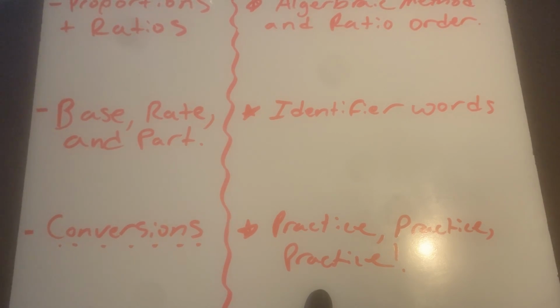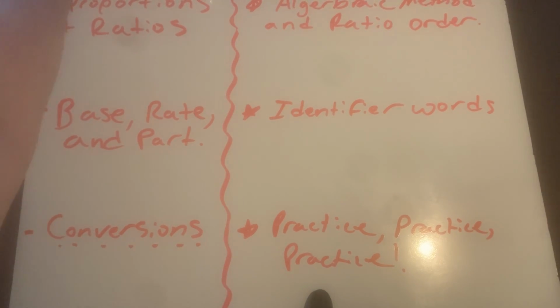When you're doing proportions, you need to set it up correctly, and you need to use the algebraic method in order to solve it. What do I mean by the algebraic method? I just mean that it's an algebraic method of solving proportions.